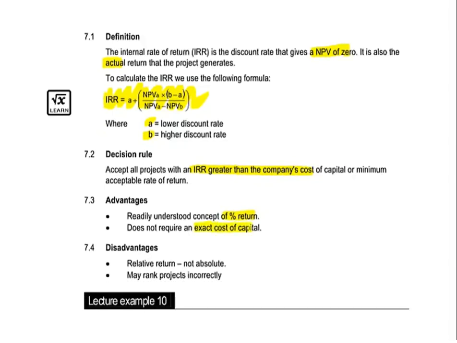Also, it doesn't need an exact cost of capital. Although in F2 you'd be given a cost of capital, in reality it's quite hard to calculate sometimes. Problems with it are, though, that it's a relative return, and that can lead to the incorrect ranking of projects. So NPV remains the superior technique.